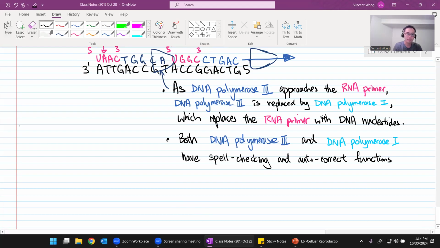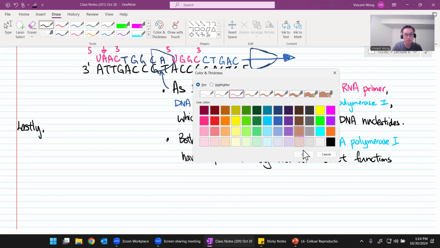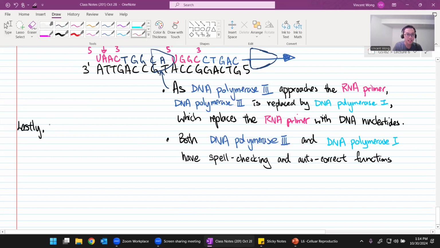All right, finally, lastly, I am running out of colors here, but one more enzyme. Lastly, DNA ligase, which is an enzyme that, ligate is to connect.